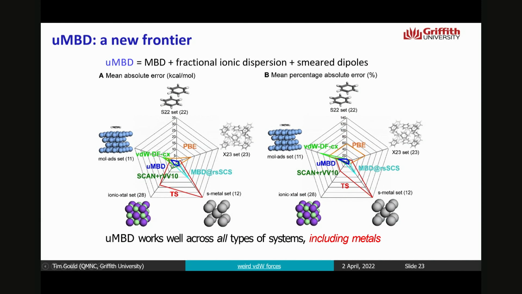And what we were able to do was basically to cover a very diverse range of physics and chemistry, or chemical bonding, I guess. So not necessarily by being the best at anything, but by not doing a bad job on anything.